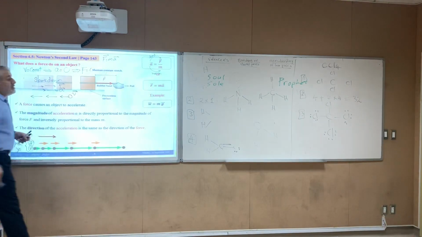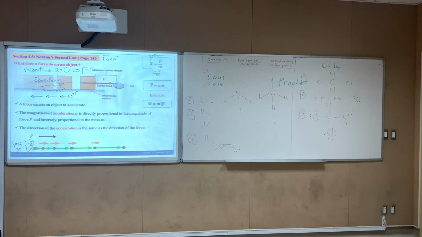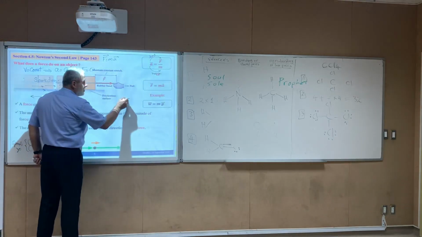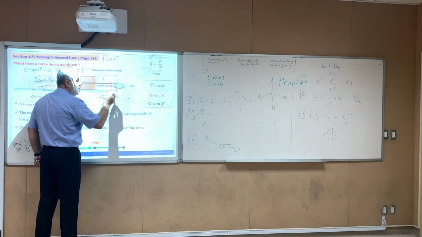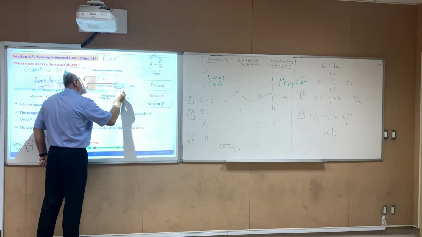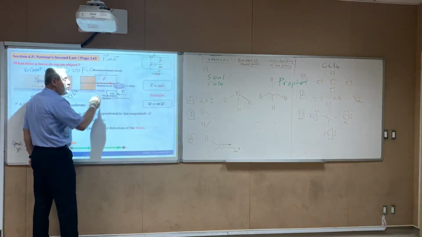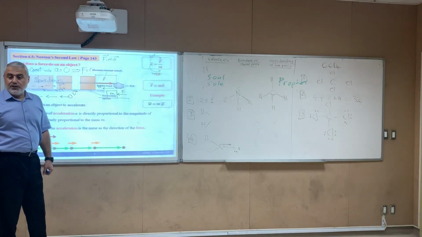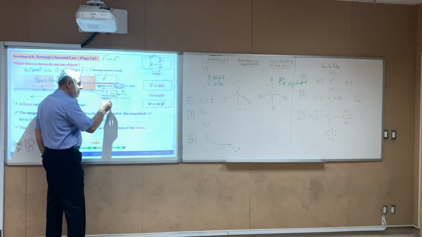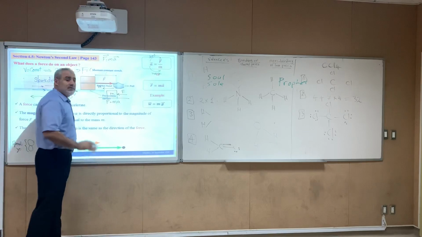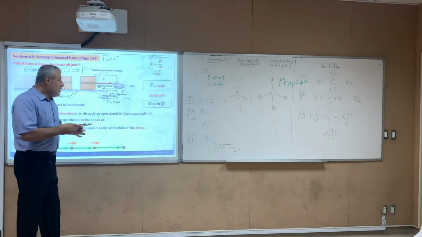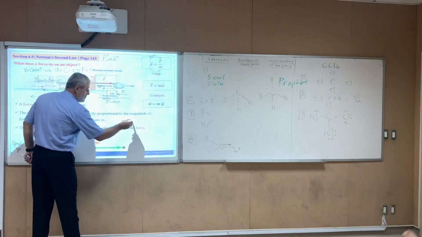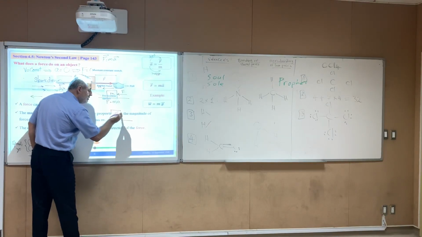Please just pay attention to me. Now, if we have one object subject to one force, there will be an acceleration as a result, so we can simply write F equals ma. Suppose we have one object but more than one force.